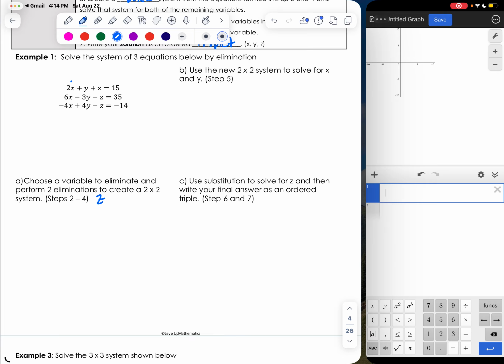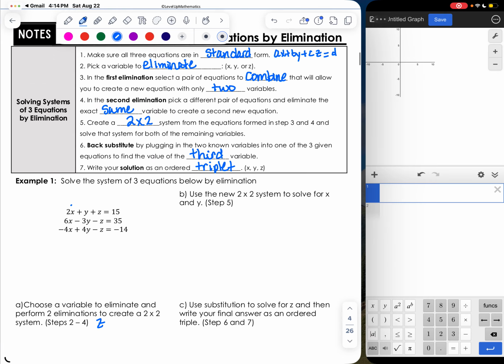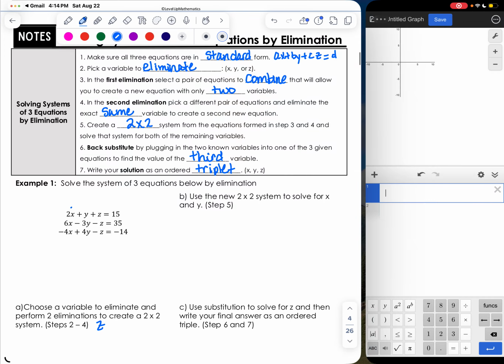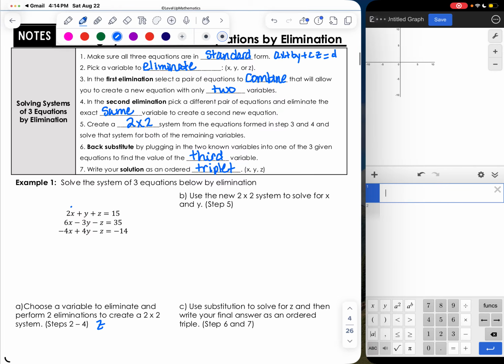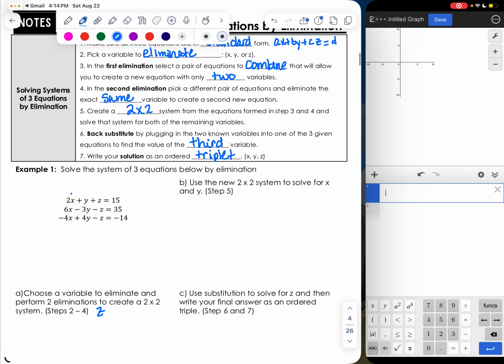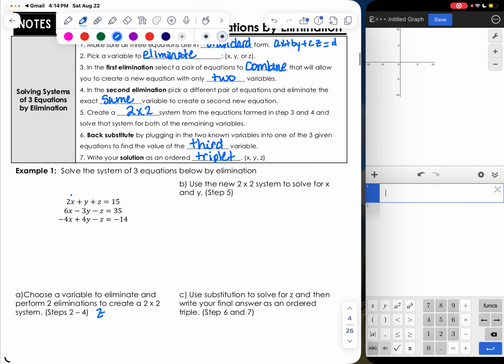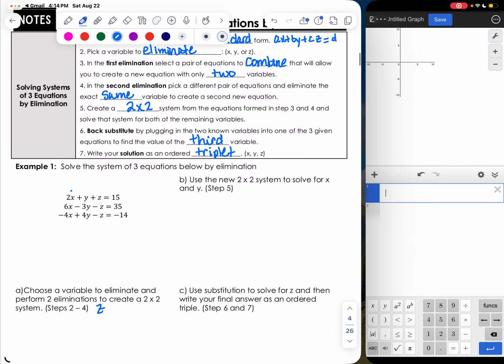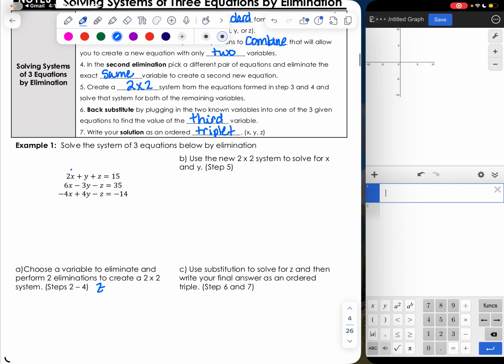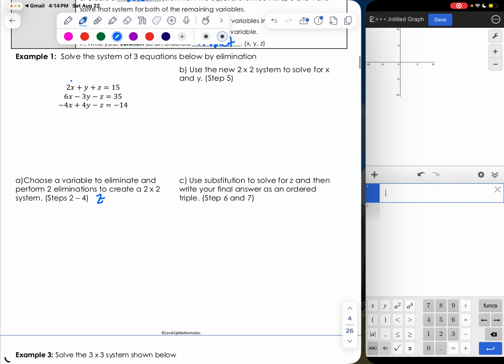Now in steps 3 and 4 you're going to perform 2 eliminations. Let's start with the first elimination. You're going to select a pair of equations to combine that will allow you to create a new equation with only 2 variables. So I'm looking at row 1, 2x plus y plus z, and row 2, 6x minus 3y minus z.